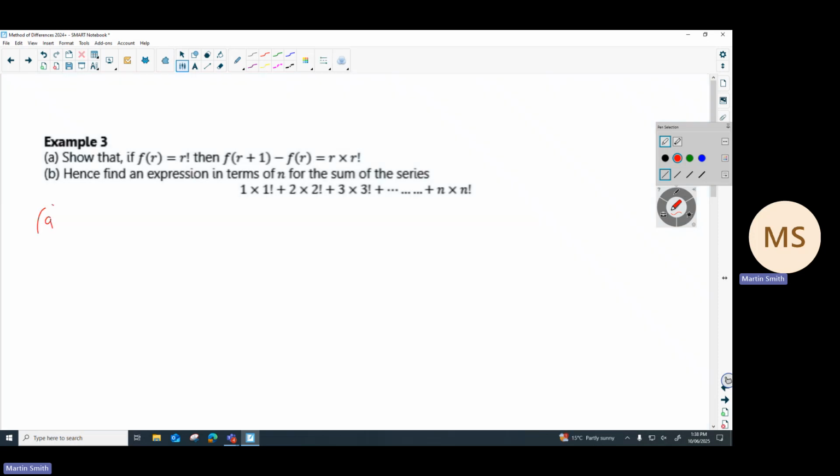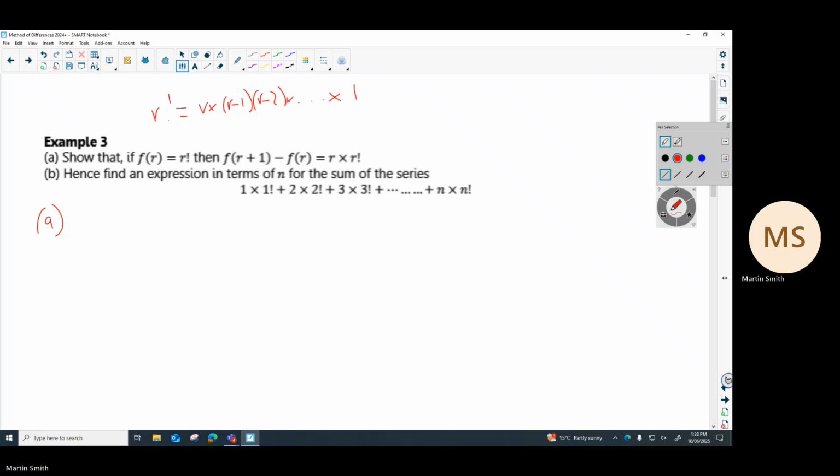So part A, I want to show that if f of r is r factorial, remember r factorial means r times by r minus 1 times by r minus 2 times by all the way down to 1, assuming r is a positive integer, I want to show that f of r plus 1 minus r f of r is given by r factorial.